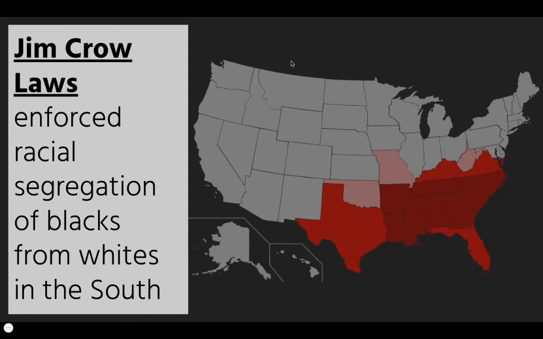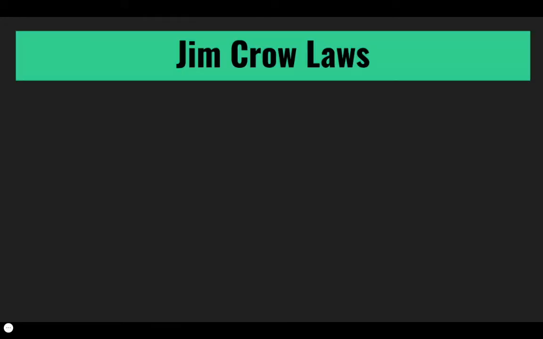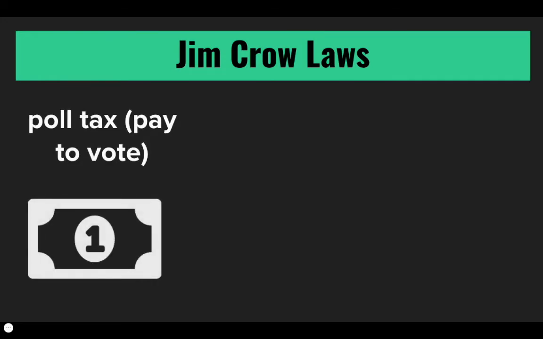All right, so let's talk about Jim Crow laws. Jim Crow laws are the laws which enforced or allowed for this type of racial segregation or separation, of having spaces and facilities for Black Americans and spaces for whites. And these are common in the South. So here are a couple of examples of those specific Jim Crow laws. We have things like poll taxes, which we've talked about before in this class, that literal fee, the money that people would have had to pay in order to vote.